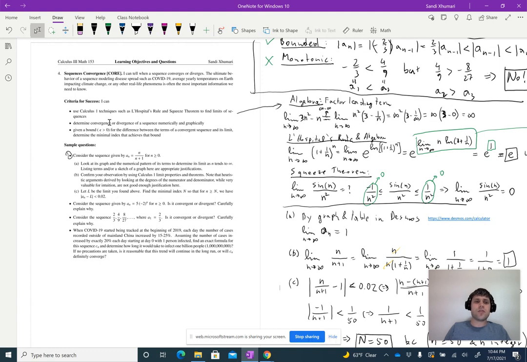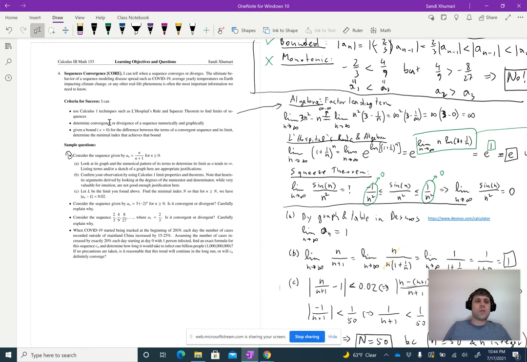So sequence convergence is just asking what's happening at the end of a sequence of numbers. So it's much easier than figuring out what's happening at the end of a simulation. Ultimately, what's going to be the behavior.